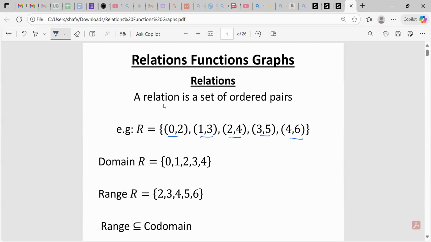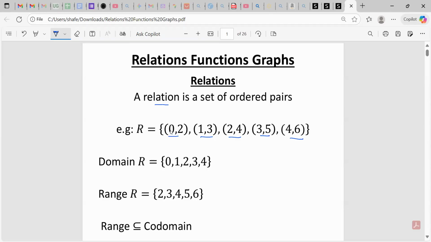And why they call it a relation, you can see that there's some kind of relationship between the first and second number. Look at it good. Can anybody say? Can you see the relationship? Look here. 0 and 2, 1 and 3, 2 and 4, and so on. Odd and even numbers, sir? Odd and even?